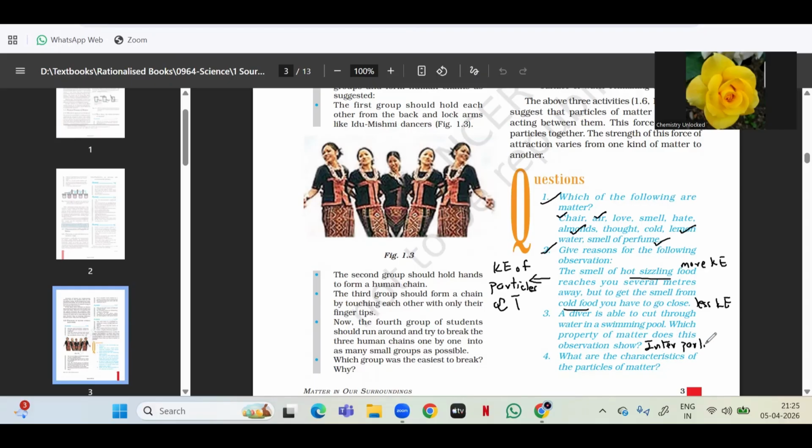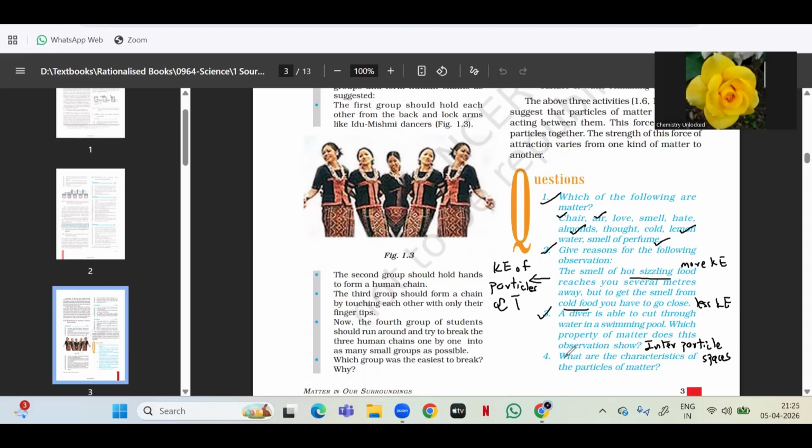As we know, the spaces are more in liquids as compared to solids. That is why a diver is able to move easily through water, because water is a liquid and liquids have more interparticle spaces as compared to solids.